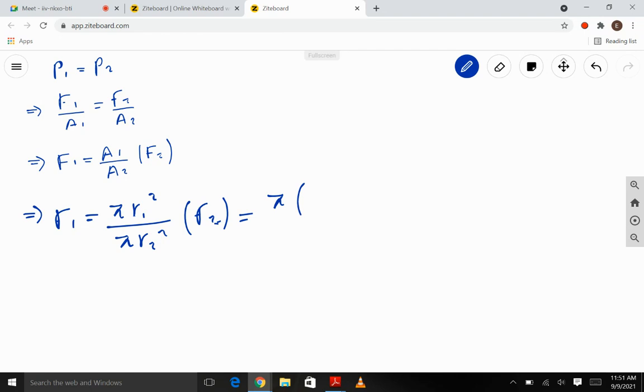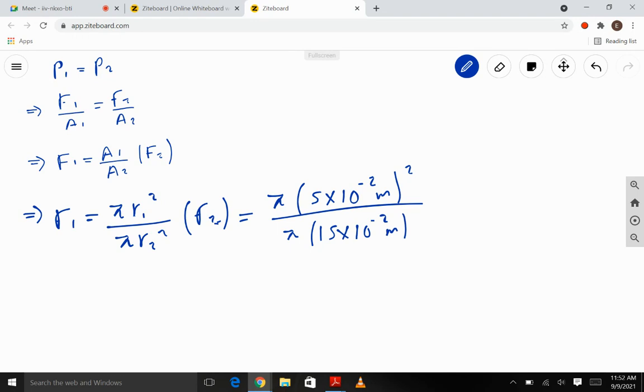So for r1, that was 5 centimeters, but you always convert to meters, right? Once you convert it to meters, you are getting that. Then the larger piston was 15 centimeters, so converting to meters, you are getting that.